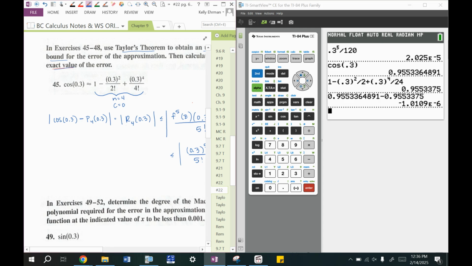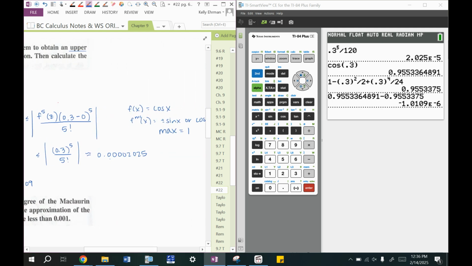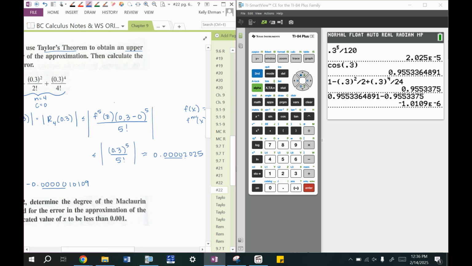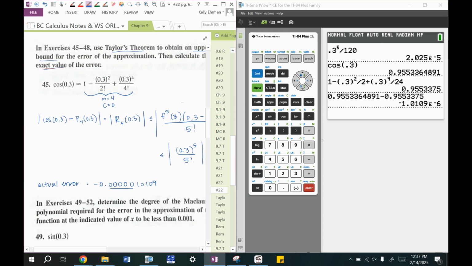So let's see. The actual error is equal to negative 0.0000, there are 5 zeros here, 10109. 5 zeros here versus 4 zeros here means I thought I was only going to be accurate to 4 decimal places, but actually we're accurate to 5 decimal places.